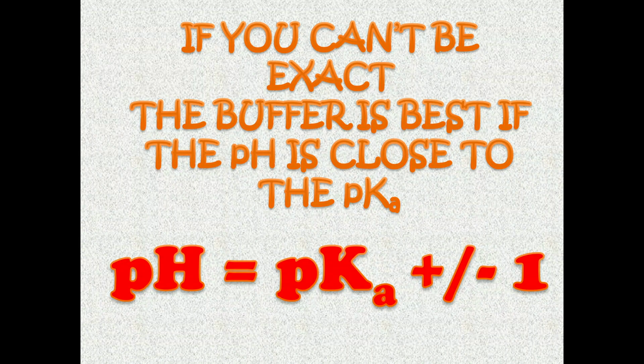So if I have acetic acid and my pKa is 4.74, I could technically go down to 3.74 or up to 5.74 and be okay. If I go below 3.74, I've got too much acid. If I go above 5.74, I've got too much base. And I'm not able to use that as a buffer.